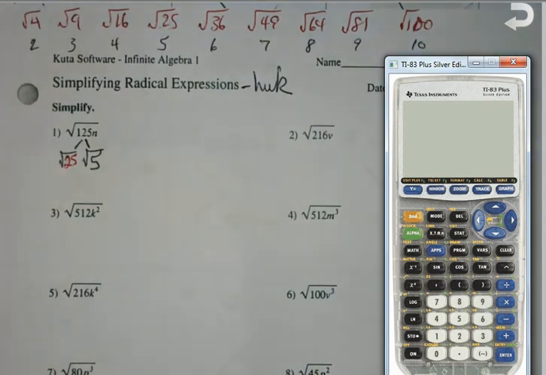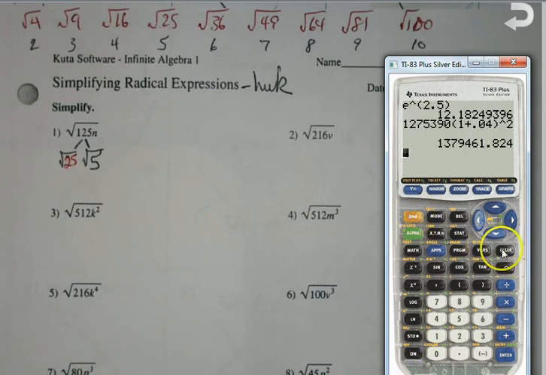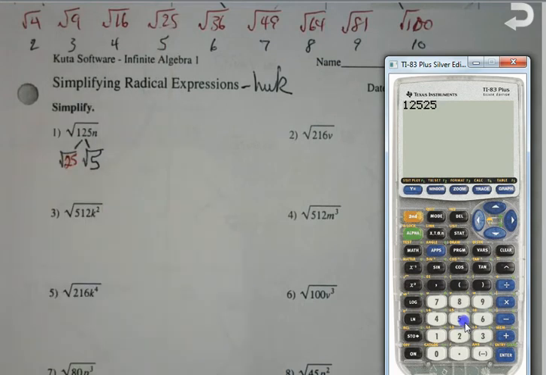If you're not sure, you might say, I don't know off the top of my head that 25 times 5 is 125. How do I make this work? You're going to take a number and try dividing some of the red numbers in until you find one that works.